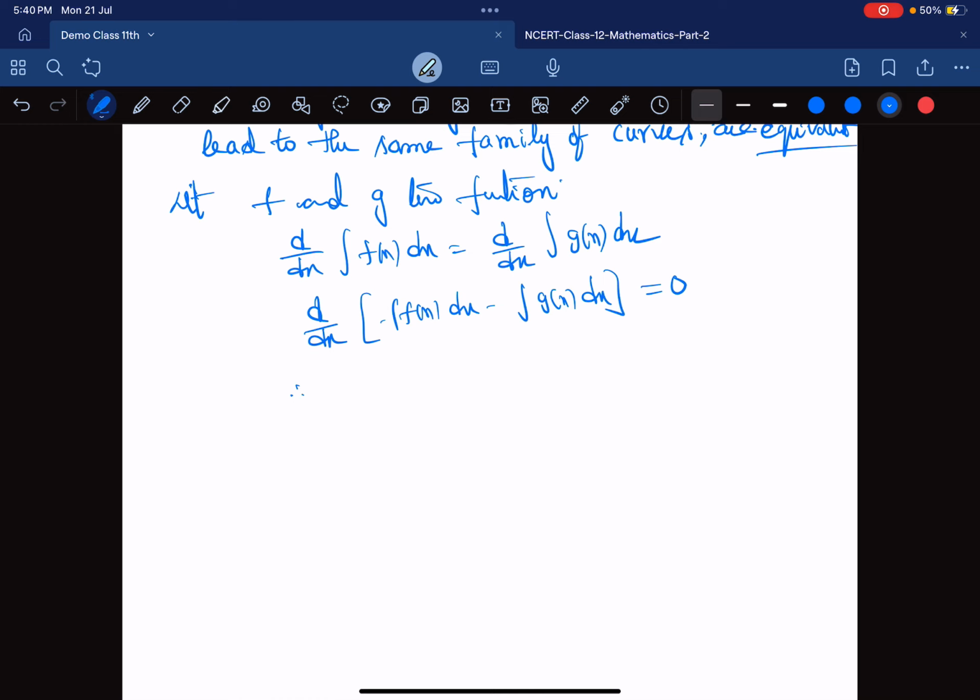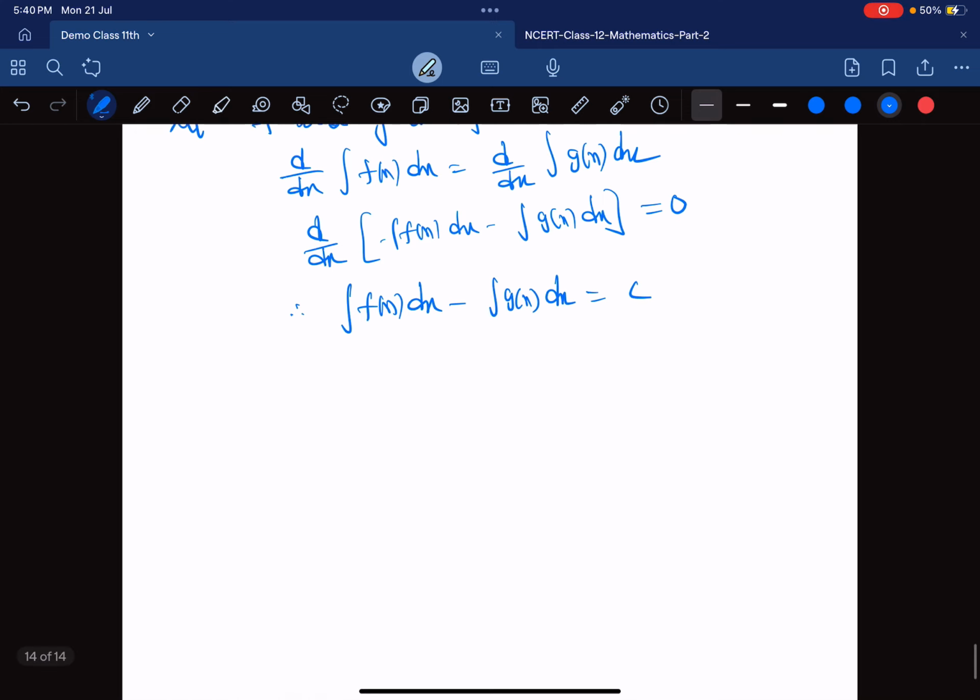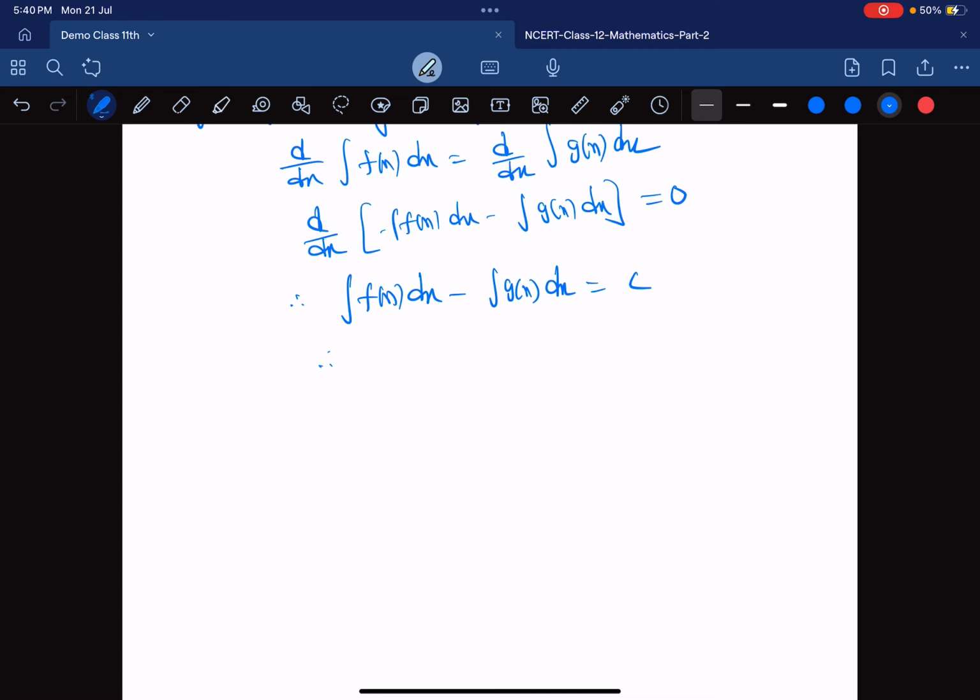Therefore, the integration of f of x dx minus the integration of g of x dx is equal to c, some constant. Therefore, the integration of f of x dx is equal to the integration of g of x dx plus c, if you transfer to the right side. So both are equal.